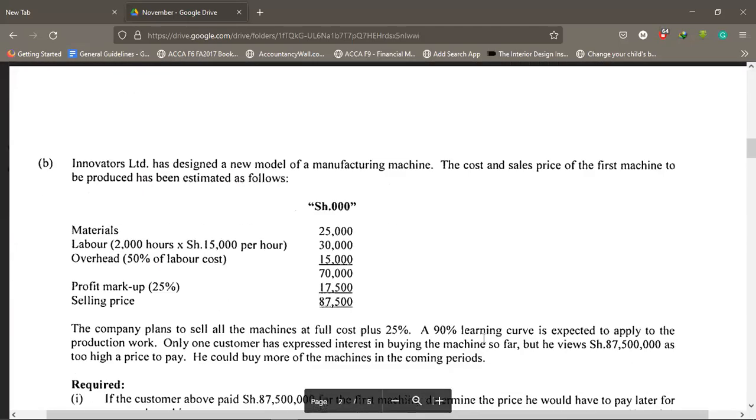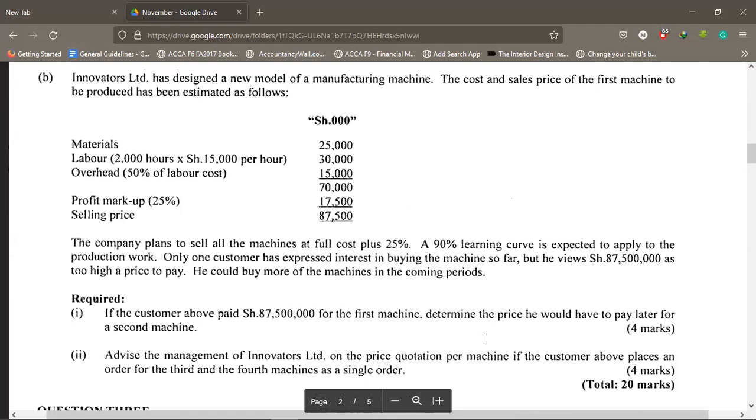All this question will be done. So that is the question. Are we there?